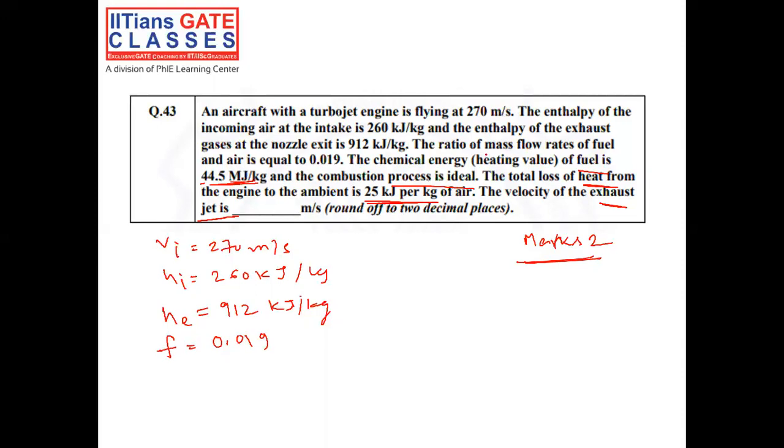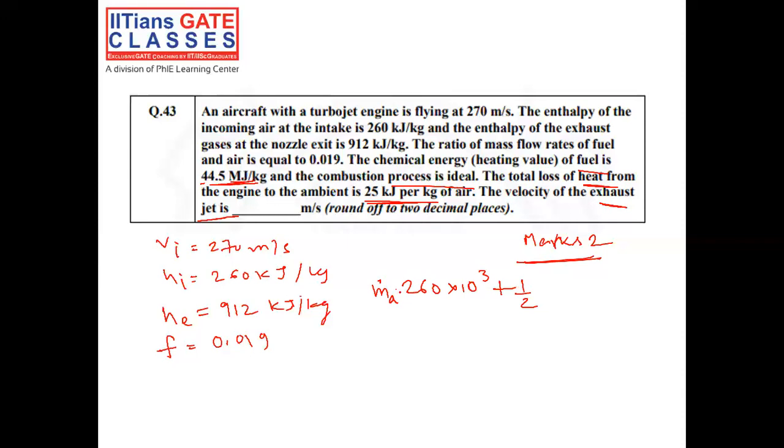So the total energy at the engine inlet will be equal to 260 kilojoule plus half ma dot into 70 squared, where ma dot is the mass flow rate of air inside the aircraft.